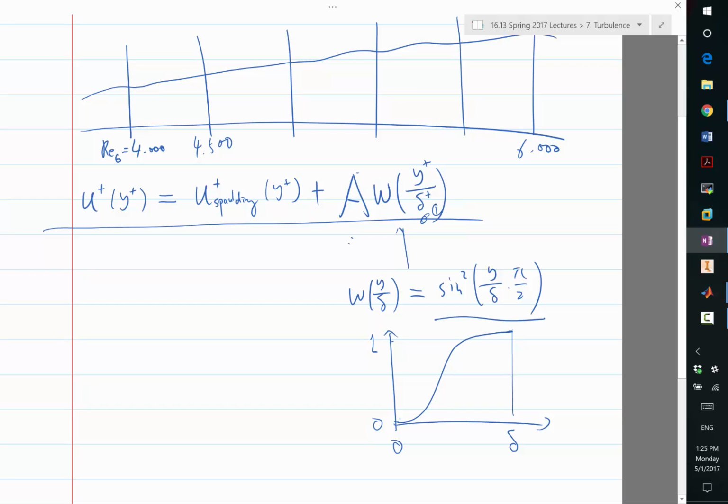That's one parameter. And A, right? So these two parameters prescribe different types of boundary layer. We have discussed last lecture that if you have a bigger A, it corresponds to a boundary layer with more adverse pressure gradient. If you have a bigger delta plus with the same A, it prescribes a boundary layer with a higher Reynolds number, right?